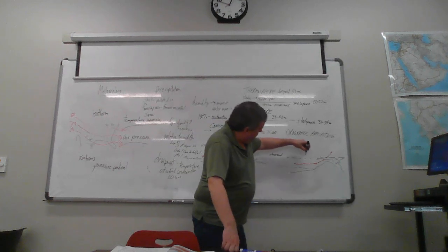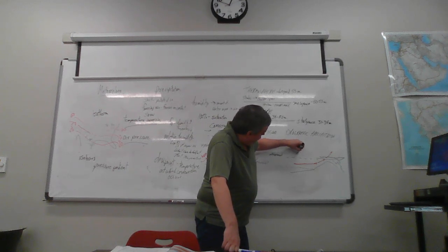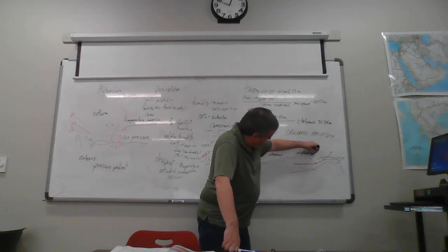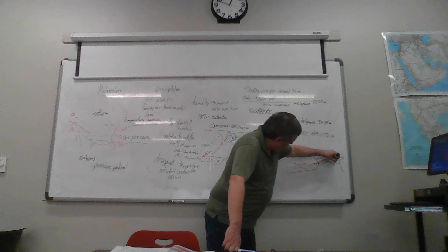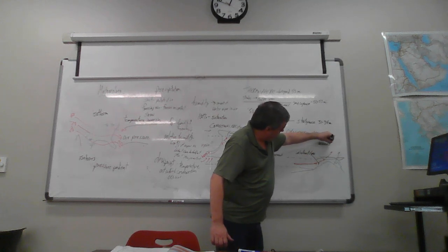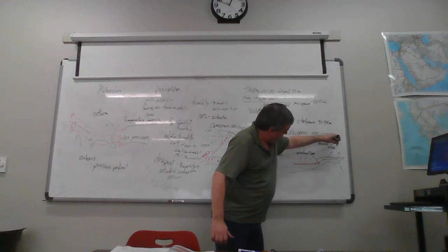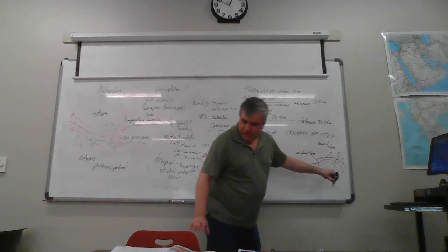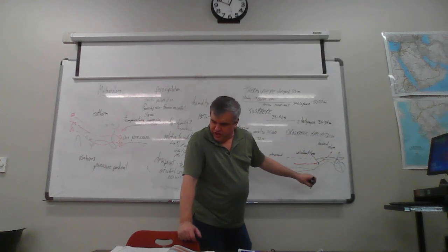The term they use here is the windward slope versus the leeward slope. This area here is called the rain shadow.